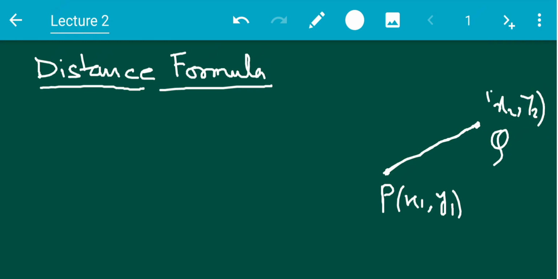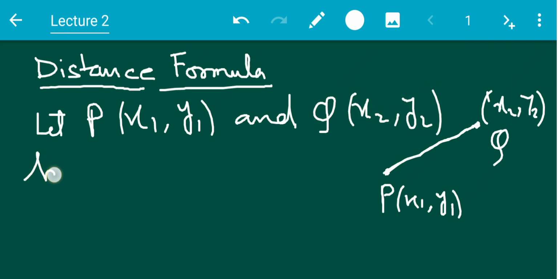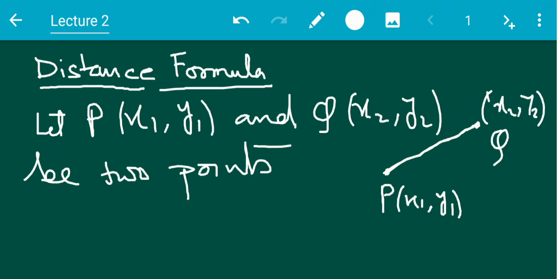So we can write: let P of x1, y1 and Q of x2, y2 be 2 points.